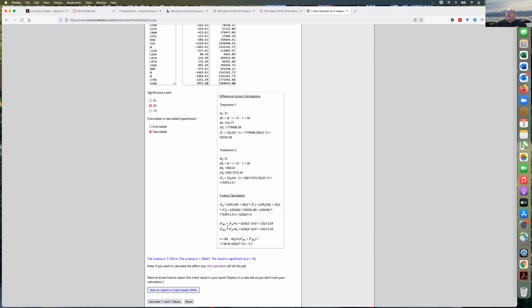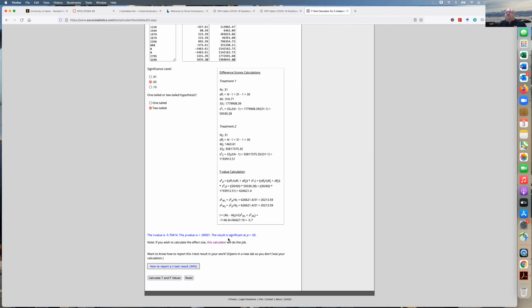So what does that mean? Well, it's saying that there is something other than chance that is the reason why the means are different. If this came up not significant, then we'd be saying, well, there's no significant difference. We really can't tell. The differences between the means might be by chance, but with this, there's more to that.